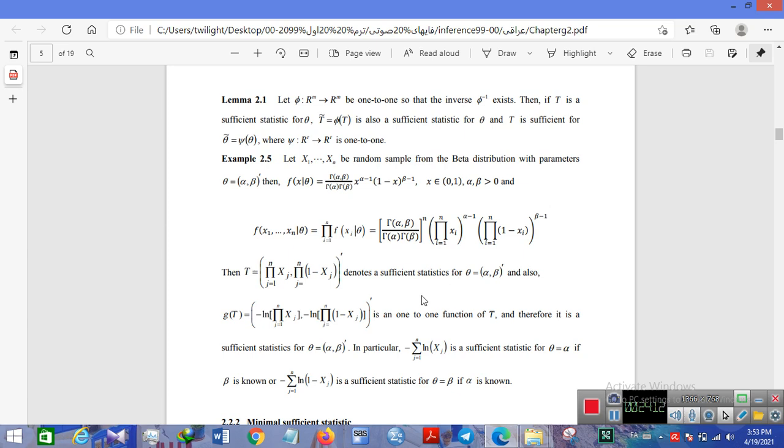So every 1-to-1 function of T is sufficient for theta. Minus ln is a 1-to-1 function, so minus ln of the product of x_j and minus ln of the product of 1 minus x_j is sufficient for theta.